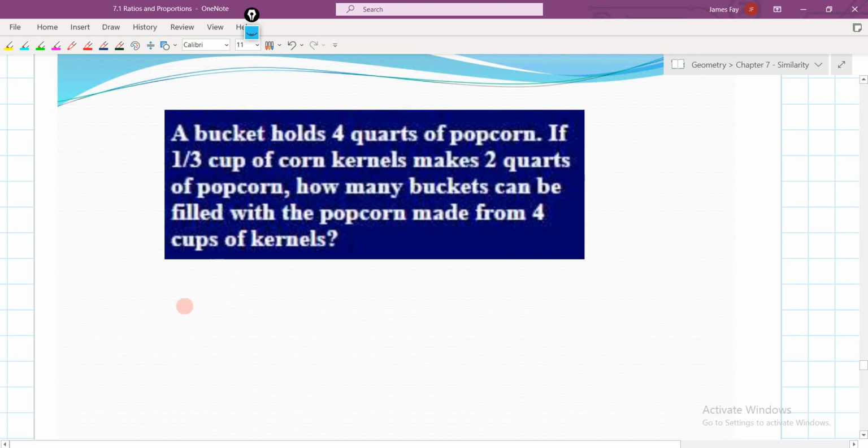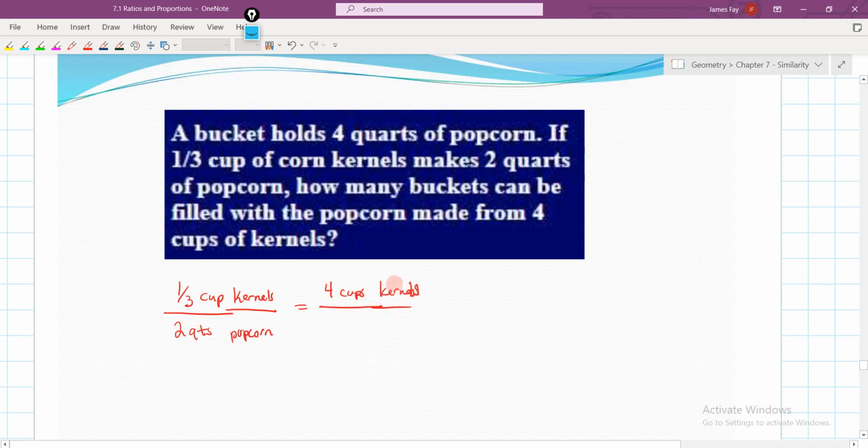It says if 1/3 cup makes 2 quarts, so I'm going to say for every 1/3 cup of kernels, I get 2 quarts of popcorn. Okay. It says how many buckets can be filled with popcorn made from 4 cups of kernels? 4 cups of kernels.